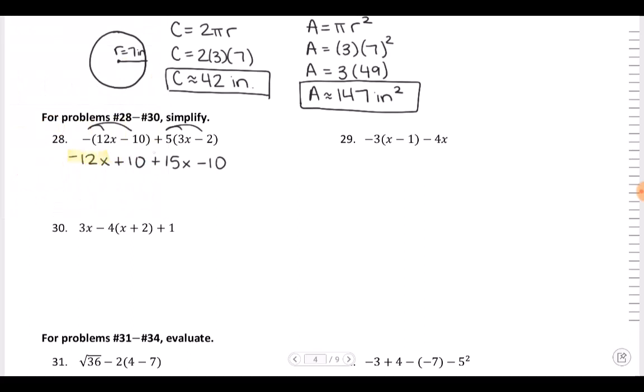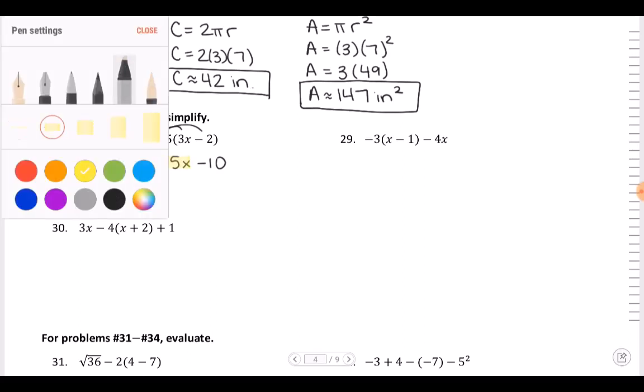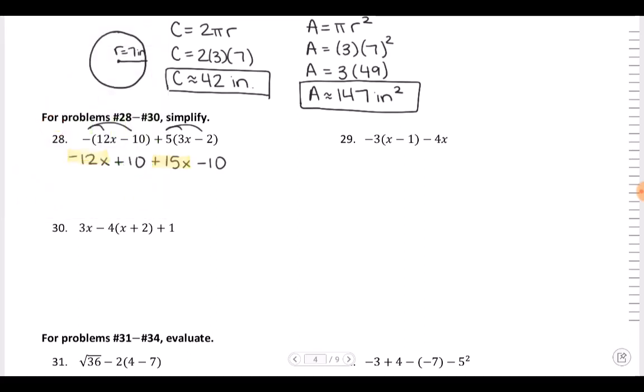I see I have negative 12x and a positive 15x. Sorry, let me finish my like terms. I have positive 10 and negative 10. Oh, interesting. Okay, well, negative 12x plus 15x would be a positive 3x. And then positive 10 and negative 10, well, they add up to 0, right? So those cancel out. And therefore, your answer is just 3x.